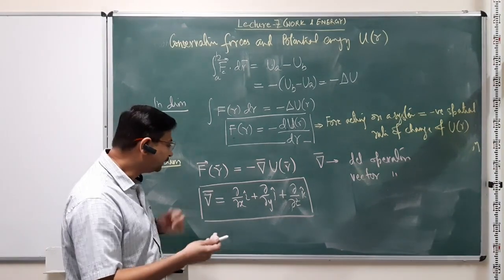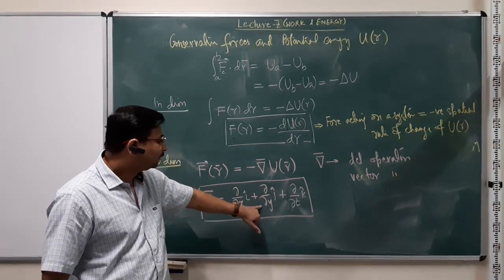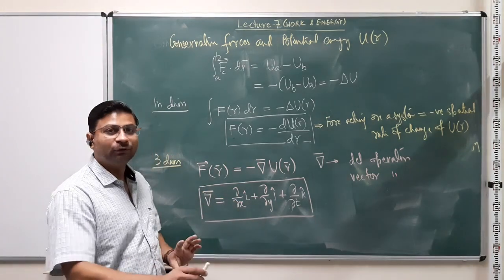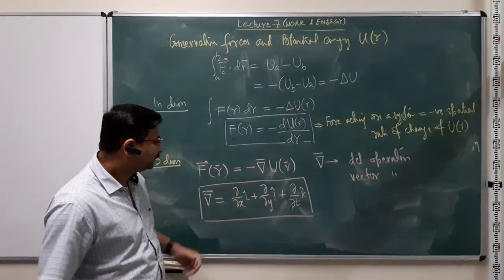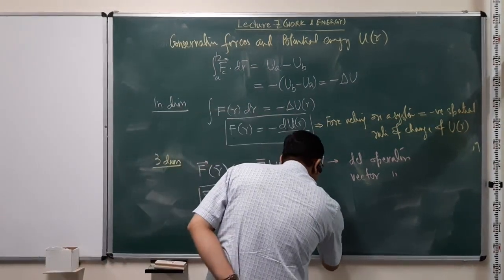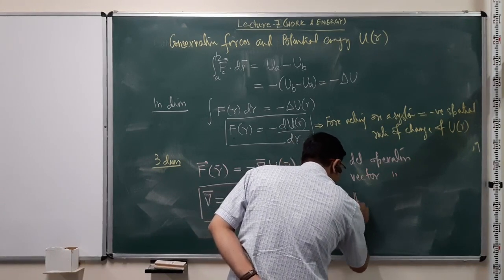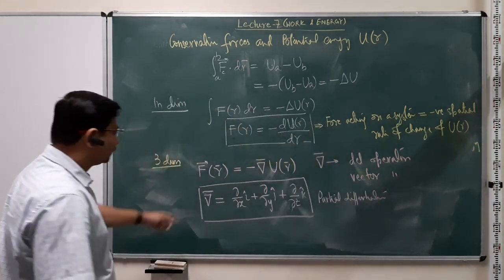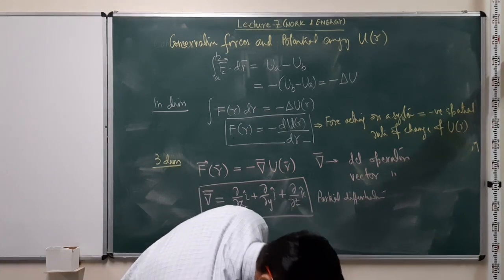Similarly, del over del y is differentiation with respect to the y coordinate, considering there are no changes with respect to x and z coordinate, and similarly here. So these are called partial differentials, partial differentiation. Okay. So this is the definition of this del operator, and that's how it's defined.